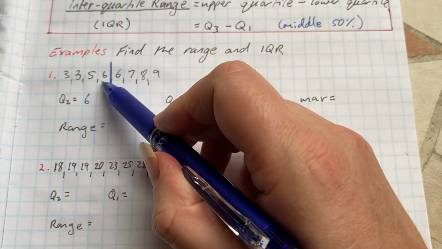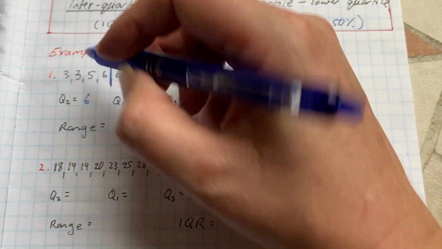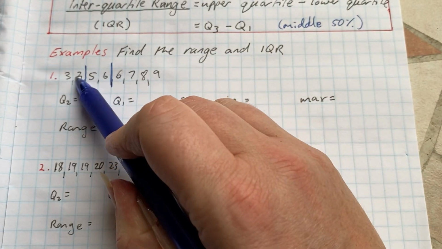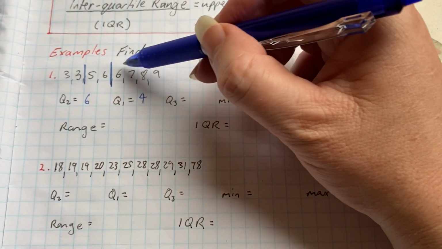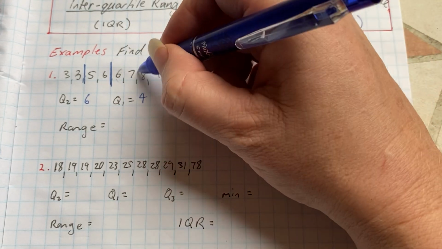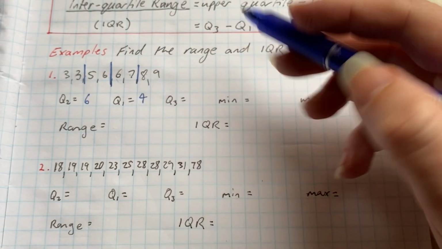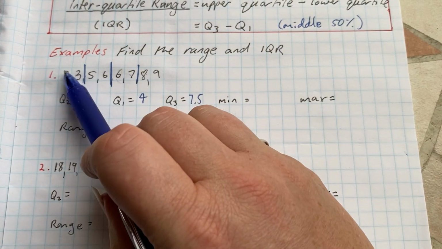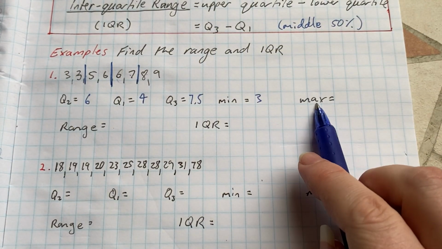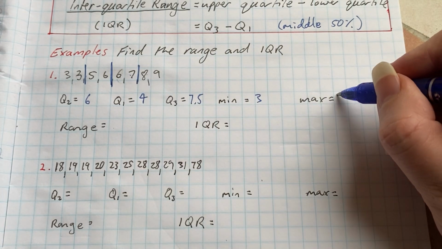The lower quartile is the middle of these 4 numbers. So halfway between 3 and 5, which is 4. Q1 equals 4. The upper quartile is the middle of these 4 numbers. So halfway between 7 and 8, which is 7.5. The minimum is 3. The maximum is 9.